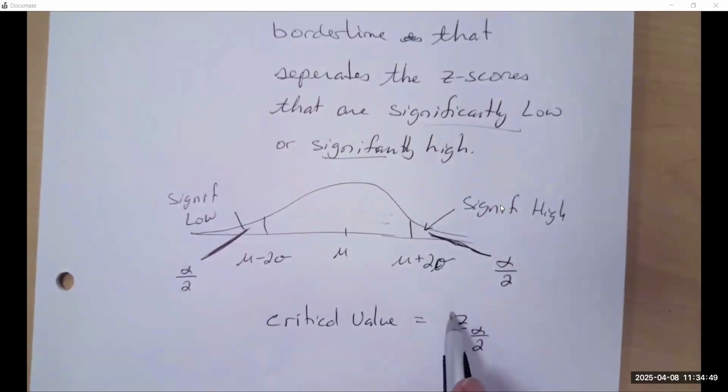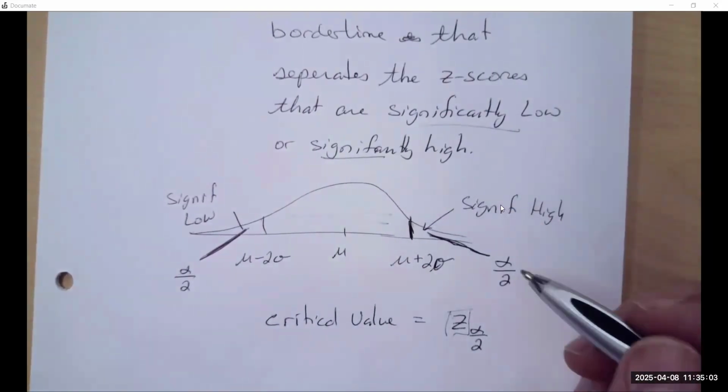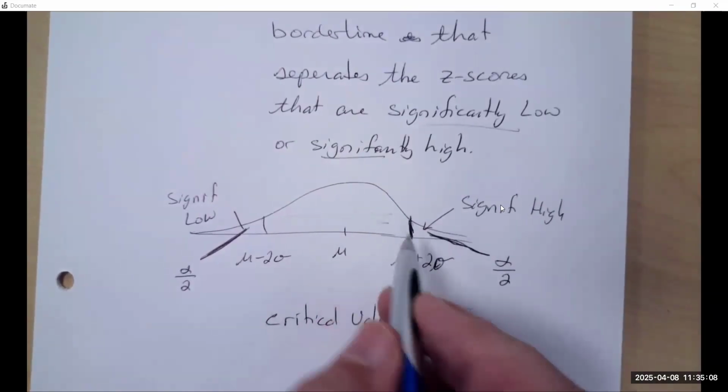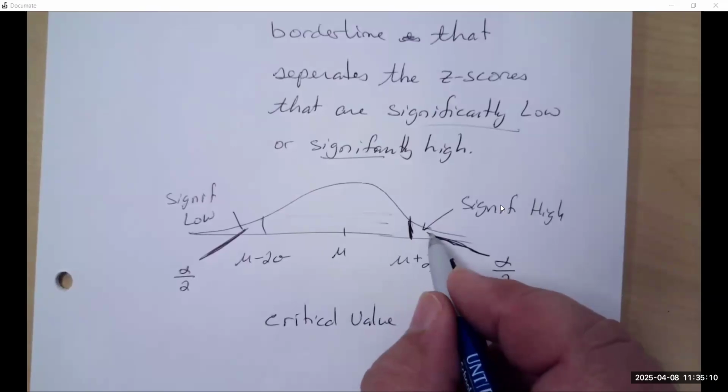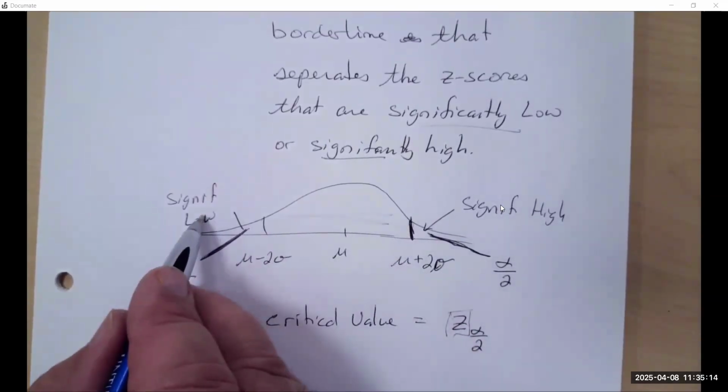Because why do we need the z-score? What does it do for us? Remember, the z-score is this part here. That's that line. It tells us, if I'm looking for this area here, once I find the z value, it tells me all this area down here.